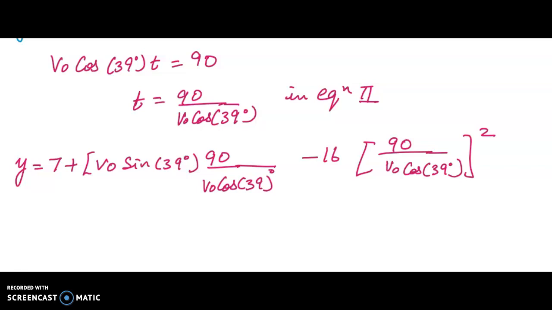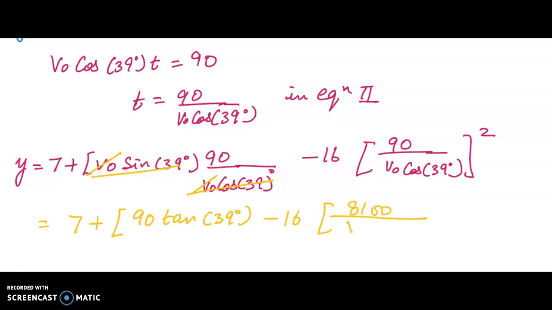Now, if you look closely, I can cross off a few things, not the whole thing, but only the velocity. Sine and cos will remain. So I can rewrite it as 7 plus, and sine and cosine will be joined together: 90 tangent 39 degrees minus 16, and if I simplify it, 90 times 90 is 8100, over velocity squared, cos squared 39 degrees.